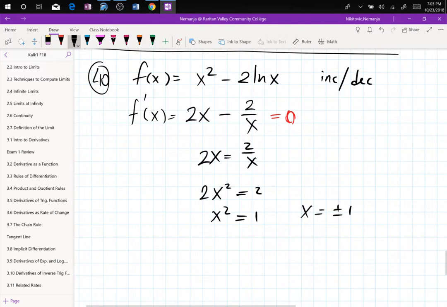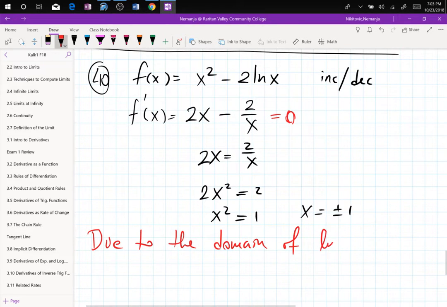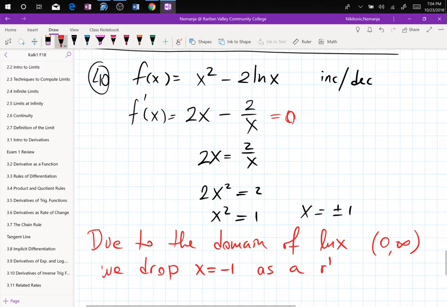You are going to get some either weird stuff or wrong stuff, right? Results, if you keep it. So, here in blue, due to the domain of ln x, which is 0 to positive infinity, we drop x equals -1 as a critical point, critical number.